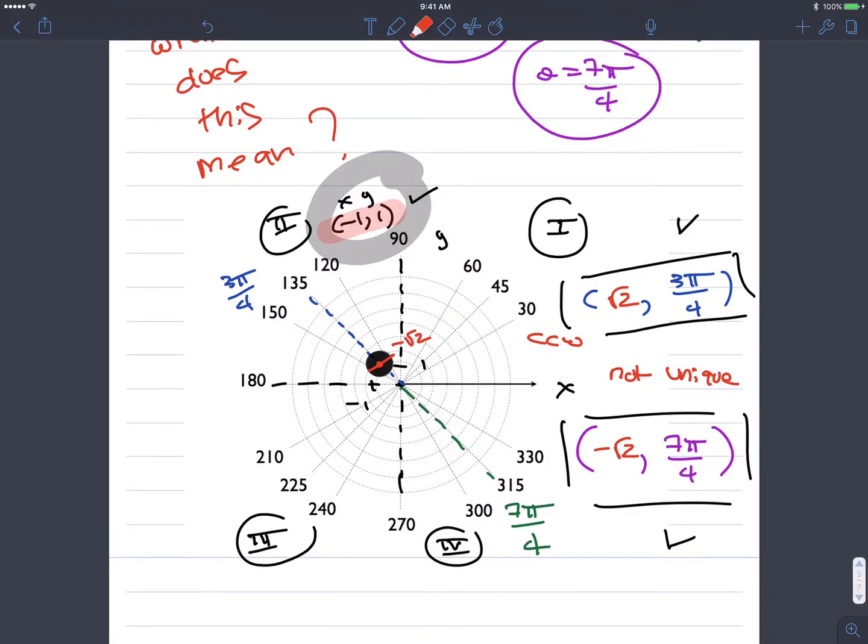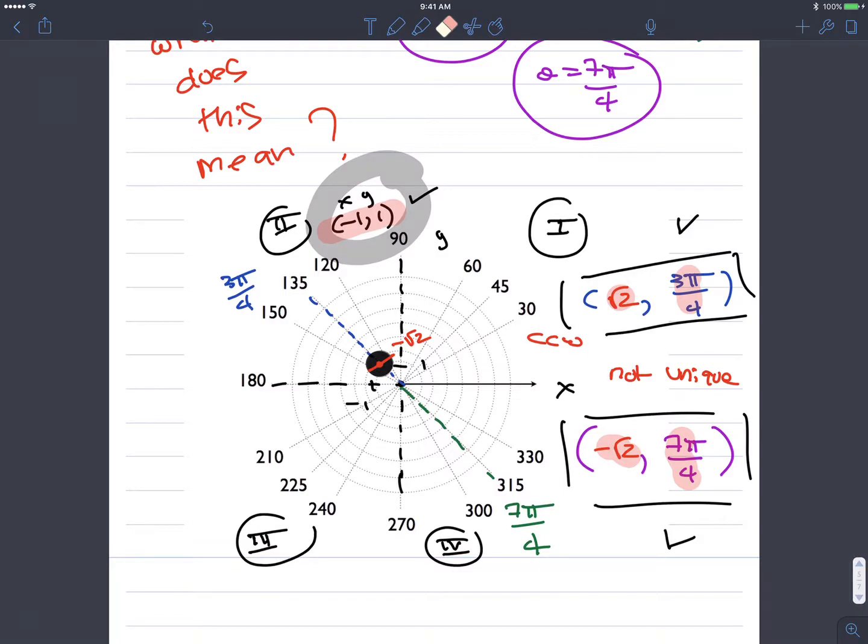So I went through using both pieces of information: positive square root of 2 with positive 3 pi over 4, and negative square root of 2 with positive 7 pi over 4. The point is, they're both describing this single location over here in quadrant 2. That's the difference. So when you go from rectangular to polar, there's going to be some deduction. Okay, you okay with that? And how do you know what the answer is?